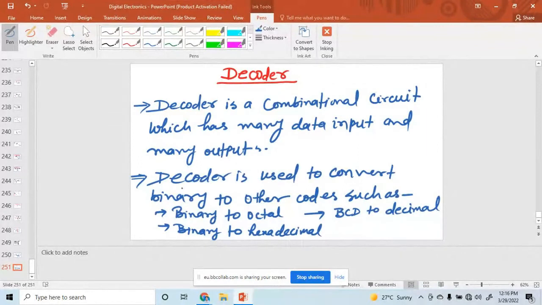That means a decoder is basically used to convert from binary to other code. It may be binary to octal, binary to hexadecimal, or BCD to decimal.